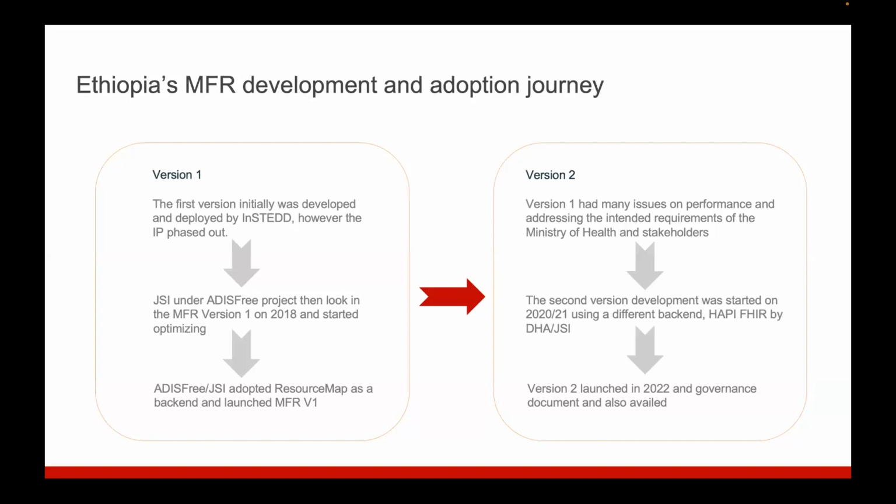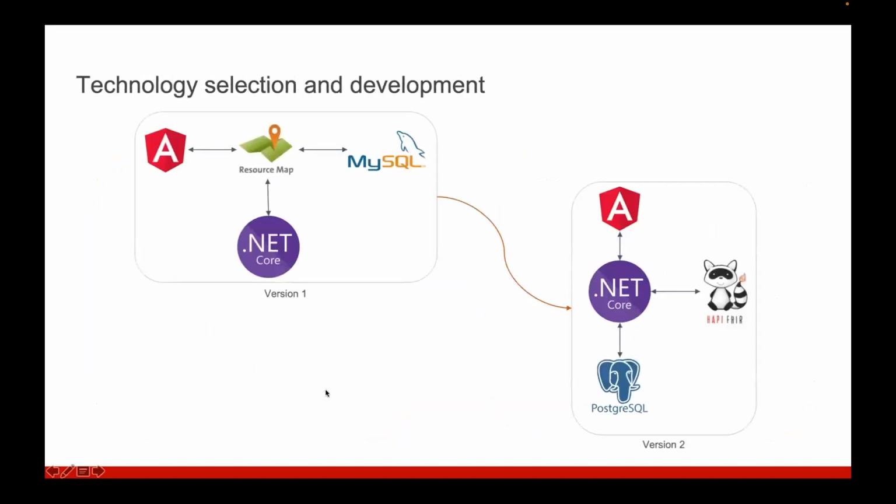So with the project that we are in currently, the digital health activity changed and developed version 2, which is now launched and in use across the country. To give you a little background about the tech stack, version 1 uses the resource map, for the front end we used Angular, we used MySQL, and we used .NET Core as a framework to organize data sharing and presentation within the system.